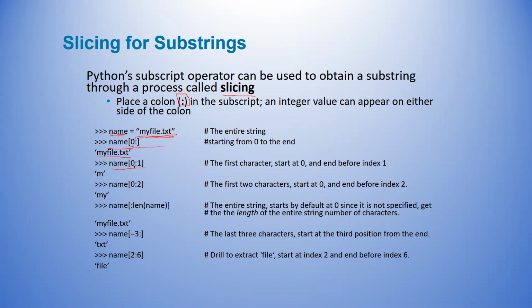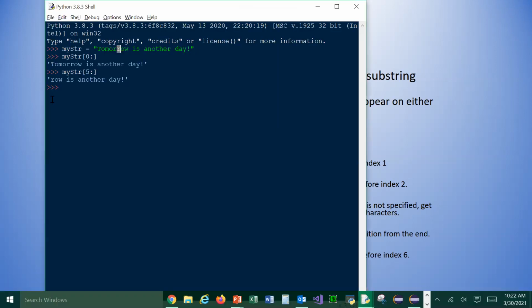You start from 0 and go to 1, but not include 1. That's why it gives you just the first character. The first index is included, the second index is not included, okay?